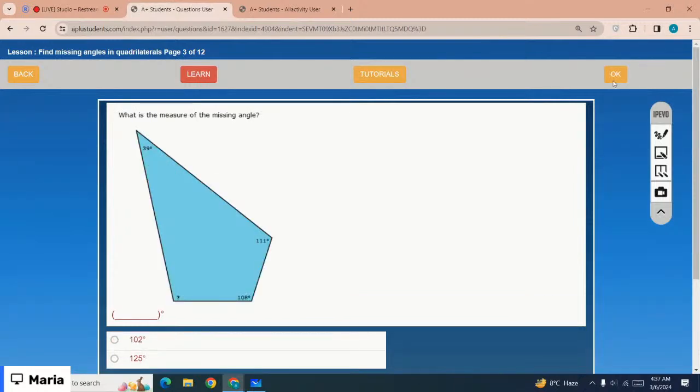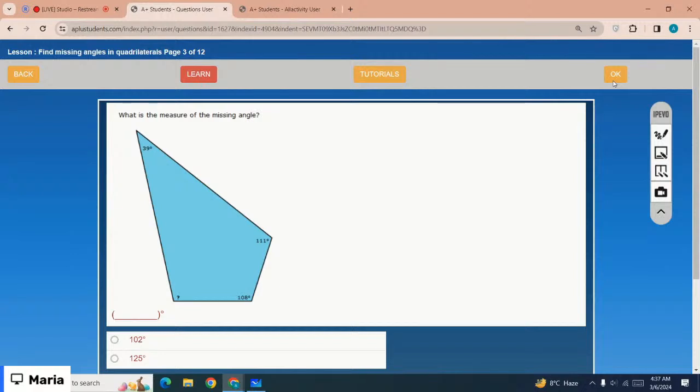Okay, what is the measure of the missing angle? So, which is the correct option? Just add and subtract them from 360, right? So, 111 plus 108 plus 39.